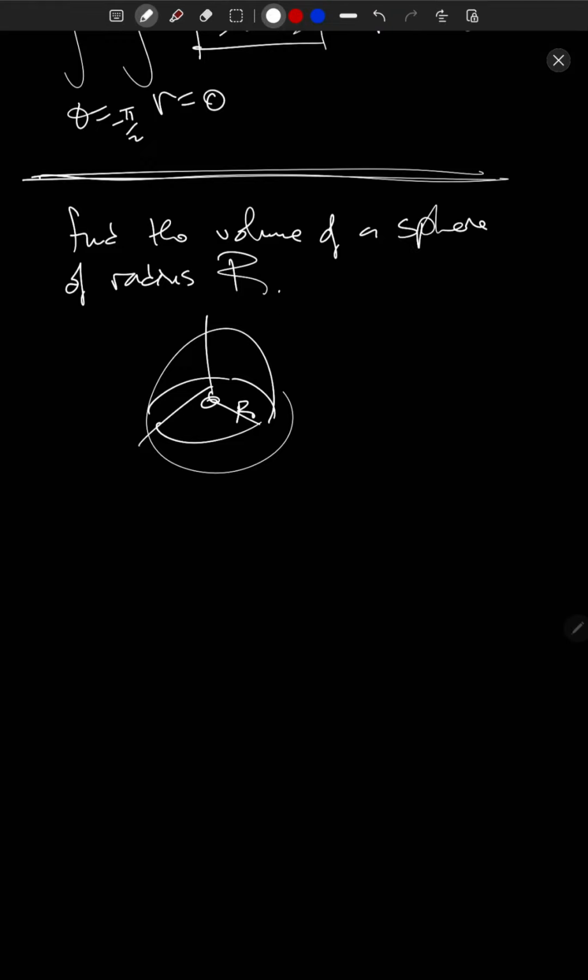If we just want the volume, because of symmetries, we can do more than this, but let's just do the upper hemisphere, right? You can obviously cut it down to an even smaller region. So our volume is going to be 2 times the volume of the upper hemisphere, right?